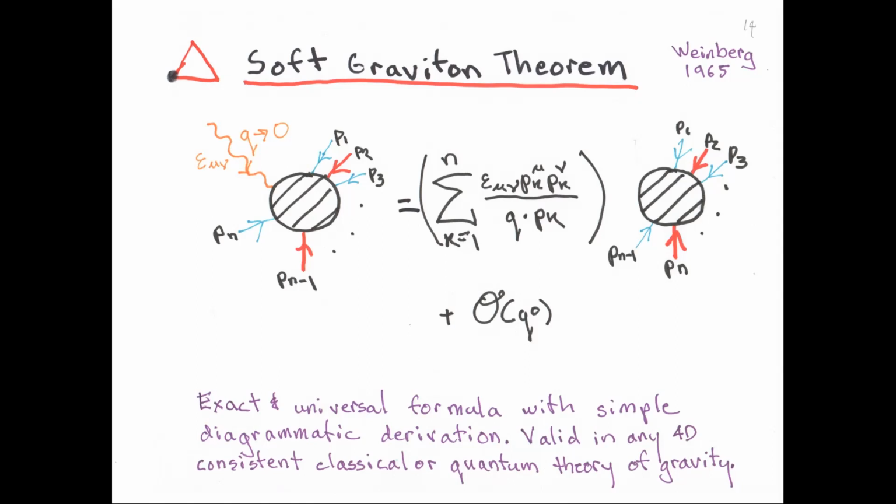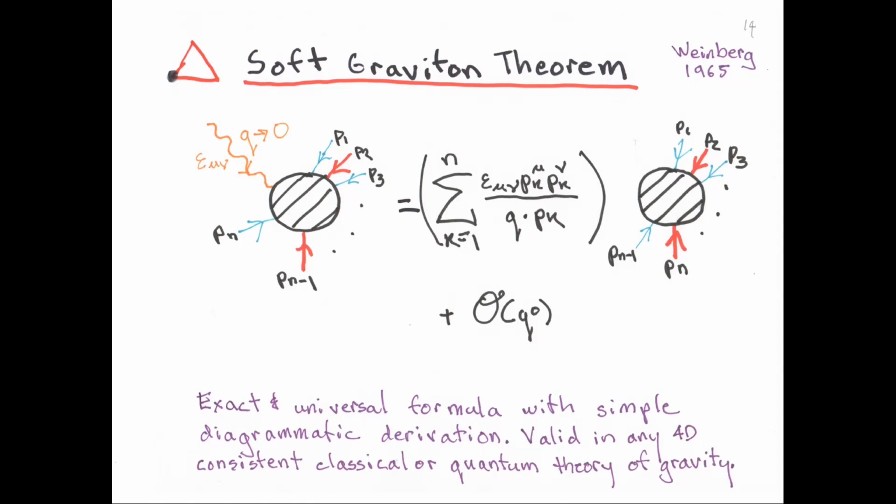Okay, so what did Weinberg say? He said, let's take any scattering amplitude, any particles in any theory, a very incredibly simple, beautiful derivation. And let's then add to that scattering one graviton. Let's take a polarization tensor epsilon, and let's take its energy momentum to zero. He showed that that is equal to the so-called Weinberg soft factor, which is a number in momentum space, times the same scattering amplitude without the insertion of the soft graviton. Plus, notice that we're taking q to zero.